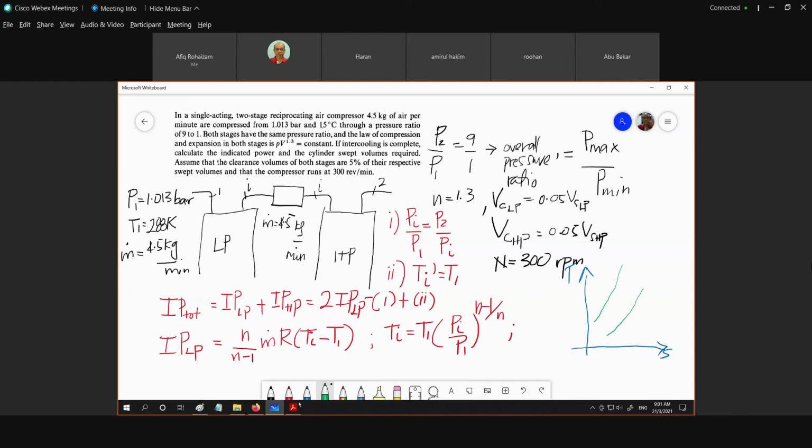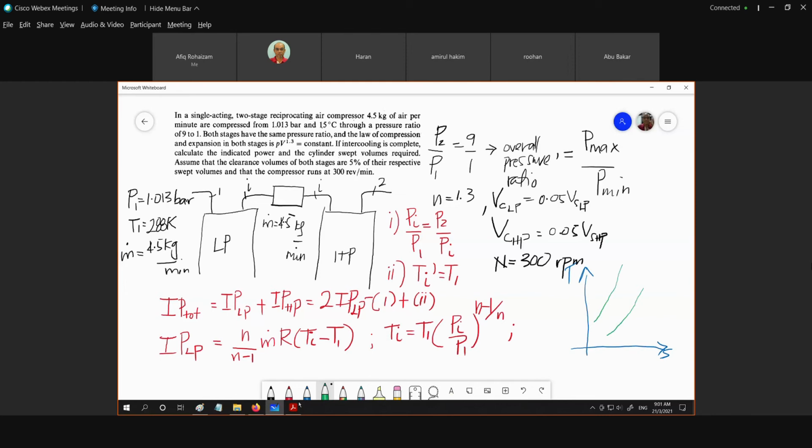Okay? Then kalau saya boleh lukiskan proses yang berlaku, complete intercooling, proses yang berlaku. This is 1, this is i prime, this is our 2.